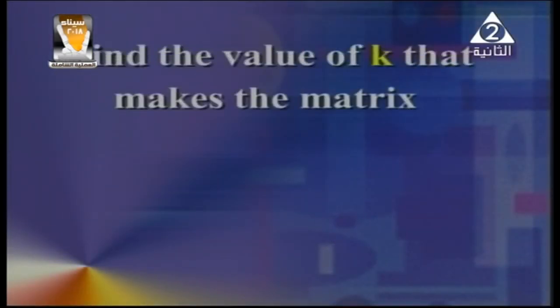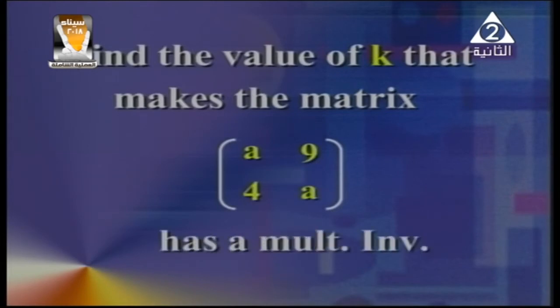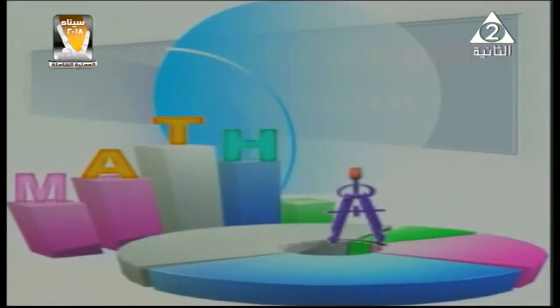Find the value of A that makes the matrix [9, 4; A, A] have a multiplicative inverse. Determinant equals 0.